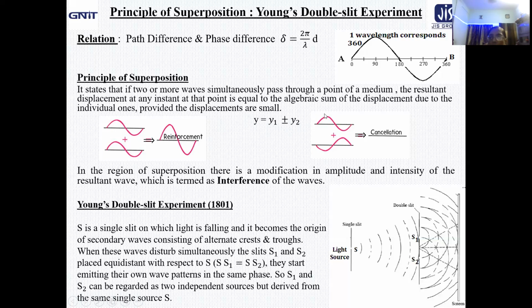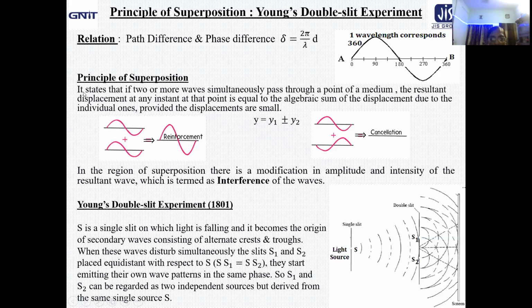If both the displacements are in opposite phase, that means one's crest is combining with the other's trough and vice versa. That means waves are meeting in opposite phase. So y equal to y1 minus y2. What about the net result? That is the cancellation or neutralization.